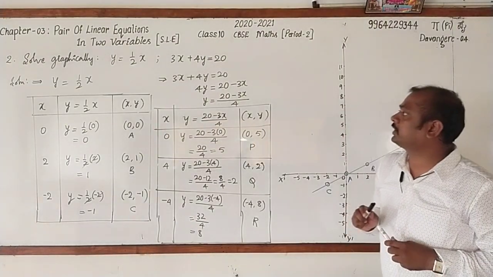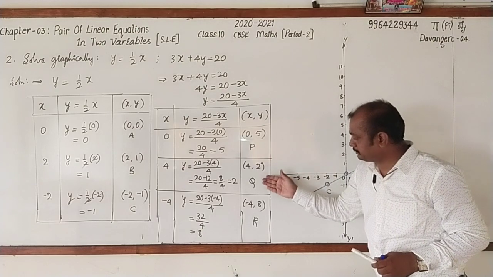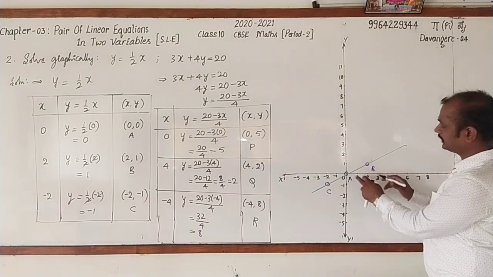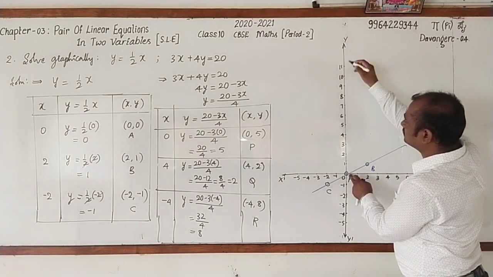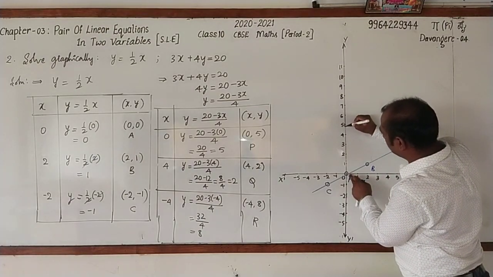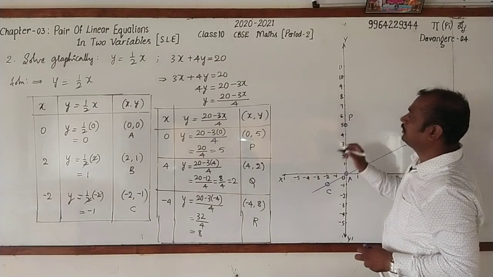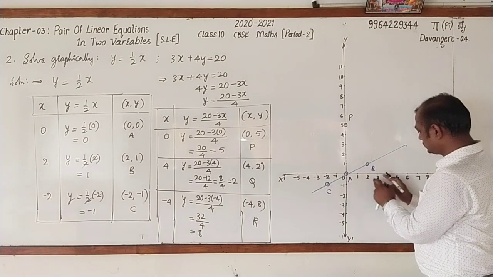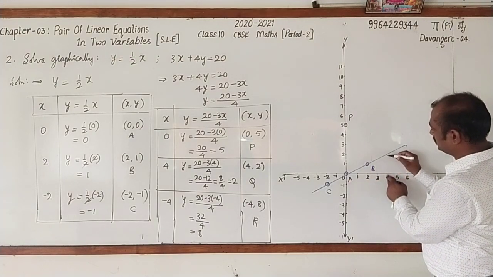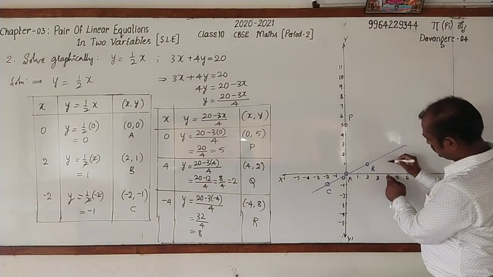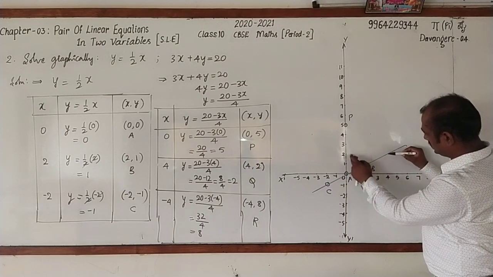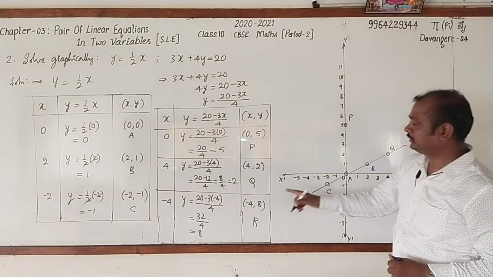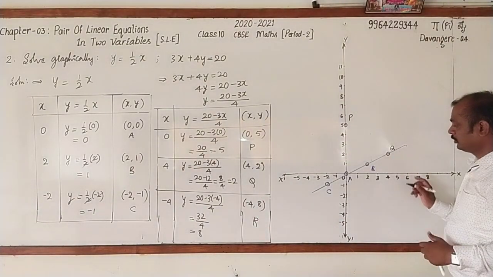And we shall go for marking the next 3 points P, Q and R, where P is 0 comma 5. Look at when x is 0, y is 5. That comes here. This is P. Second one, when x is 4, y is 2. That comes here. It is Q. Then R is, when x is minus 4, y is 8.